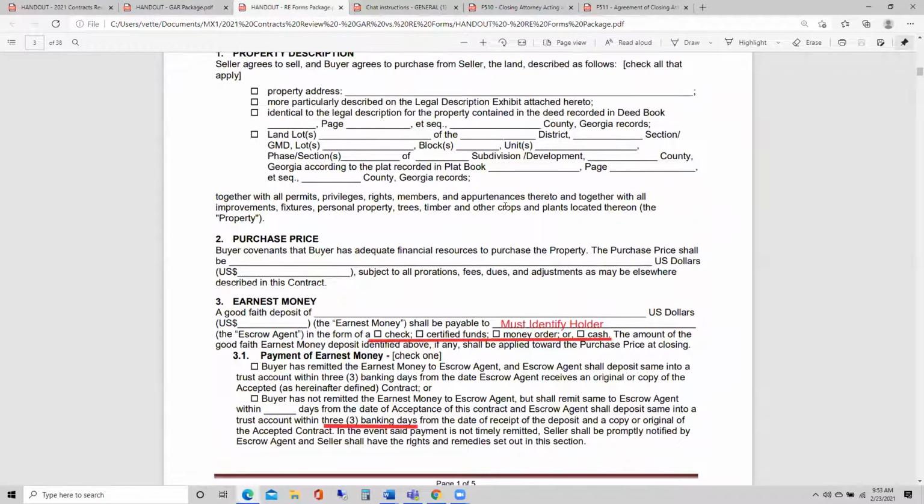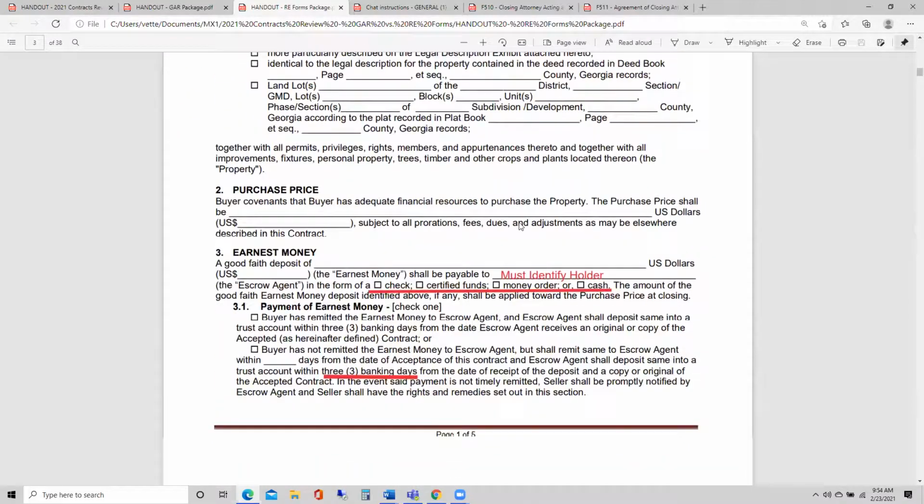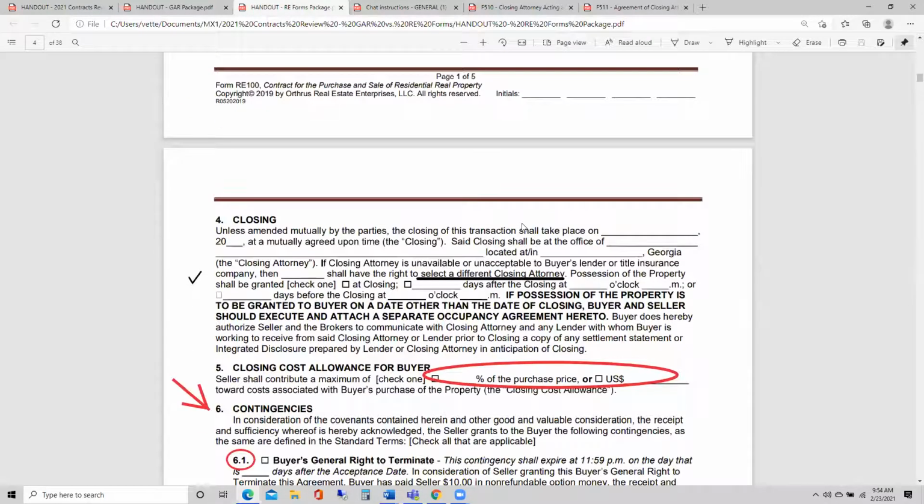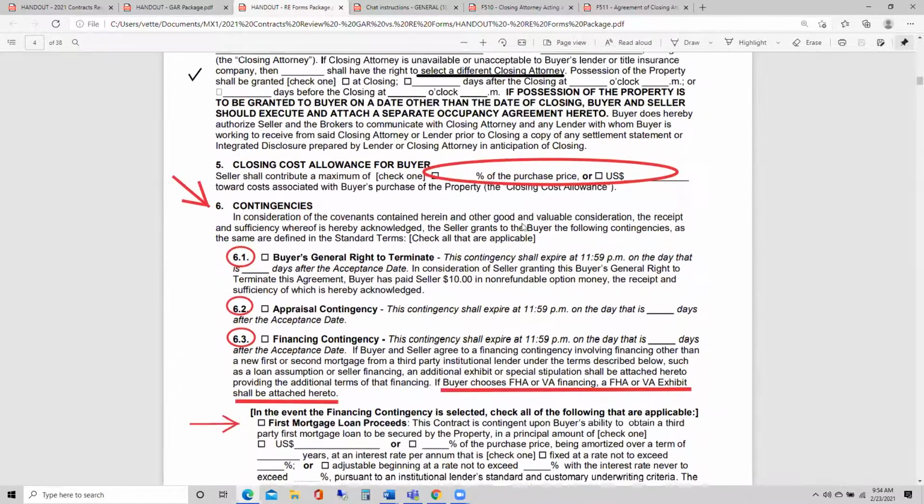In the RE forms, all right, we've got closing costs on a different paragraph, paragraph 5. You fill in either a percentage of the sale price or a dollar amount. Isn't that interesting?